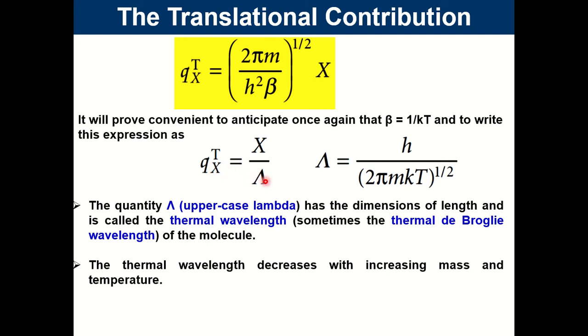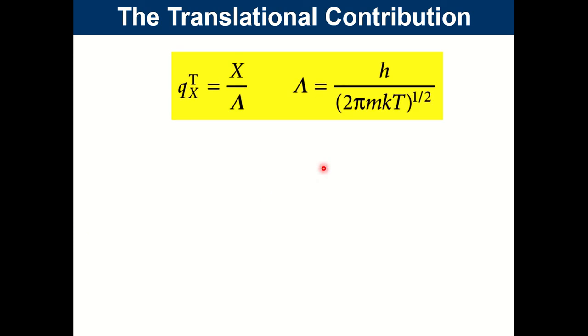As the wavelength increases, the partition function will decrease. And how the thermal wavelength increases and decreases with mass, you can see. If the mass increases, the thermal wavelength will decrease. If the temperature increases, then also the thermal wavelength will decrease. This is what we understand from here.